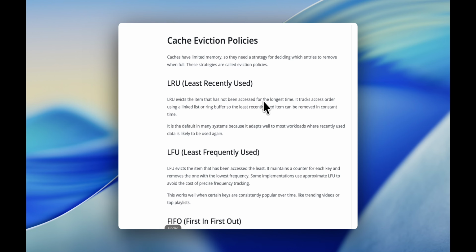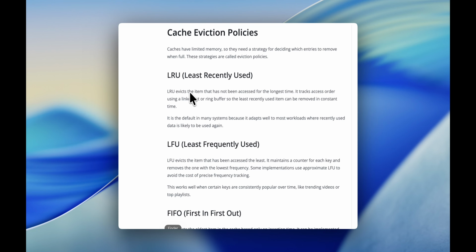Then we have different policies. The first one is least recently used.